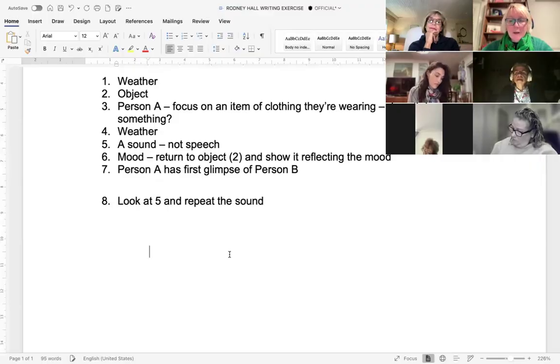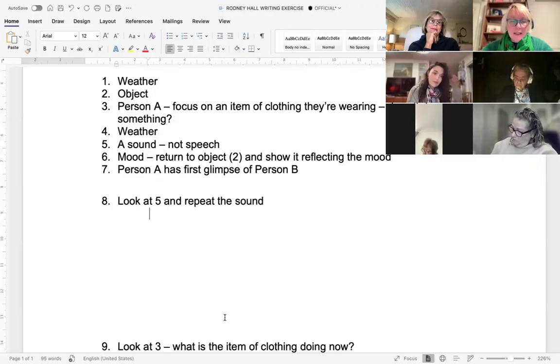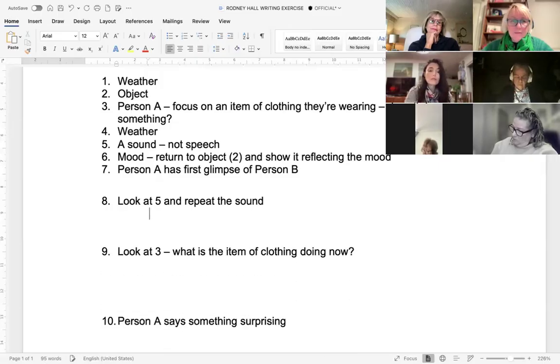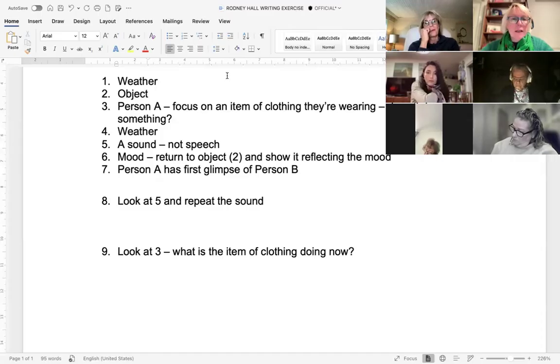Okay, number 9, almost done. Let's see. Look at number 3. Is the item of clothing. Okay, hopefully they didn't take the pants off, because what is the item of clothing doing now?